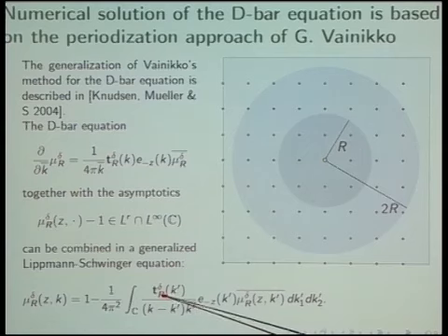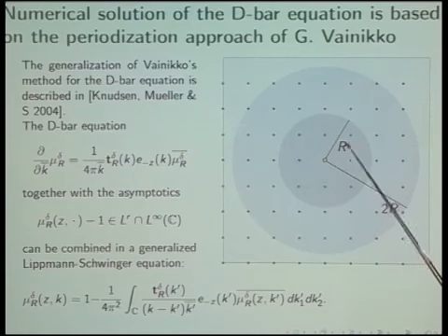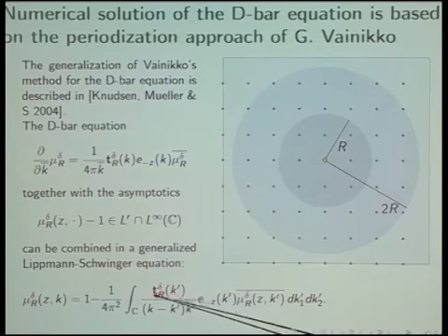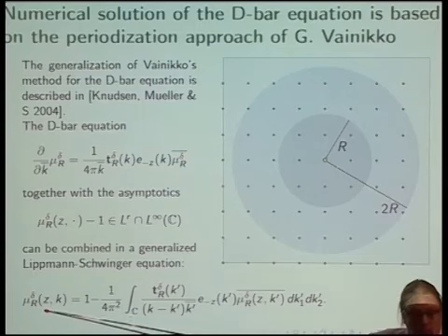So what happens, a periodic version of this equation gives the same solution as the full plane equation inside the smaller disk. Outside they do not coincide, but inside they do. And now if we solve the periodic equation and get the solution, we just plug it here. It's only used inside the disk of radius r because of the truncation, and then we get the actual full plane solution everywhere from the left hand side.